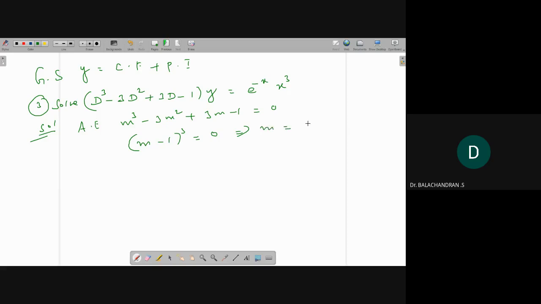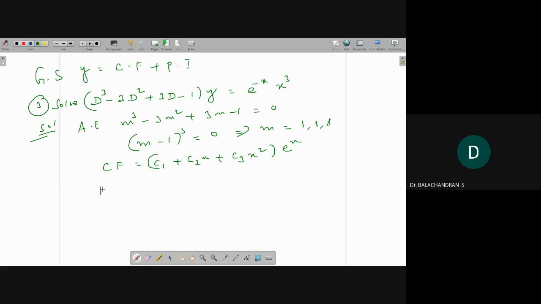From this you have m equal to 1, 1, 1. So what is the CF? (C1 plus C2 x plus C3 x square) into e power x. Okay, correct.